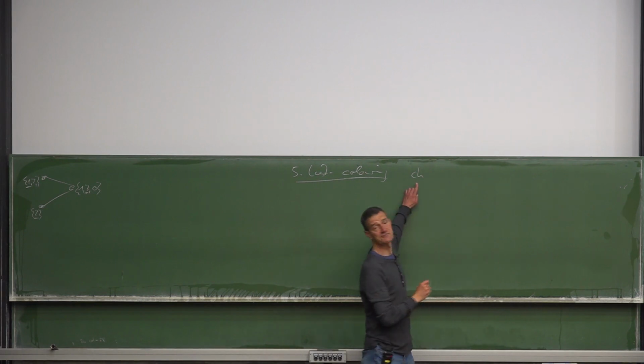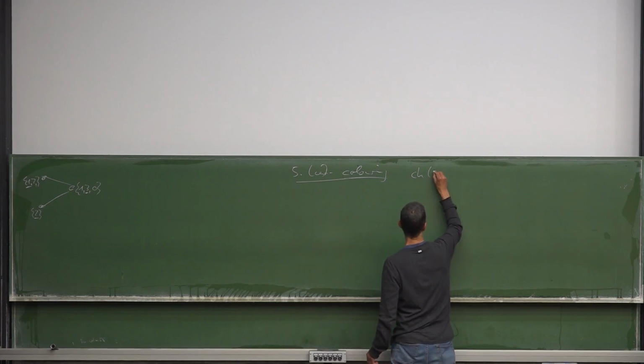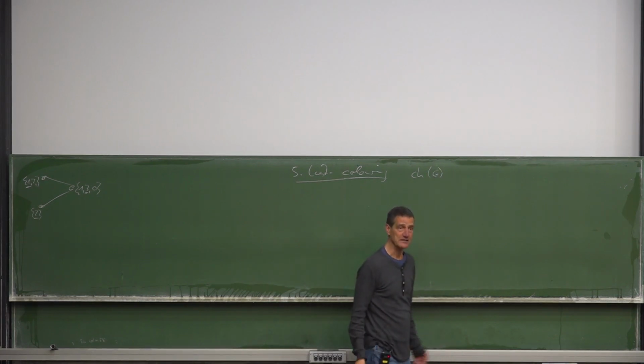So the list-chromatic number is abbreviated as CH, obviously.